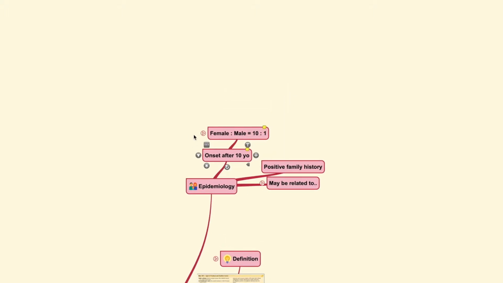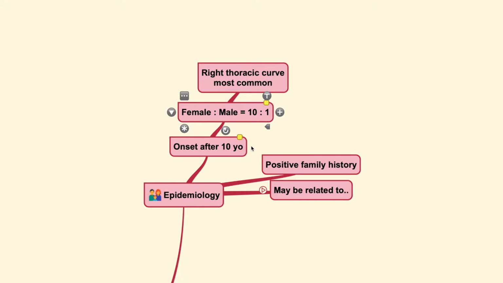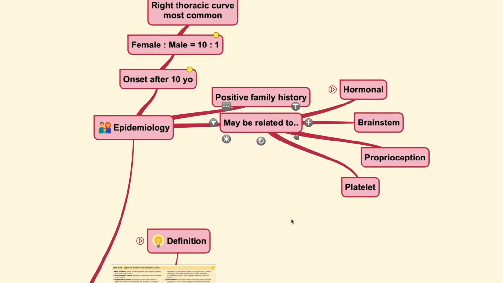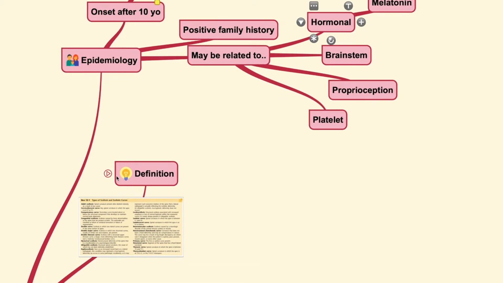Usually, the onset of disease, we call it adolescent because we find it usually after the age of around 10 years old. More commonly found in the female population, with the right thoracic curve being the most common curve. Now, this condition may be related to positive family history and also various factors such as hormonal factors, the level of melatonin, brainstem proprioception, and other platelet problems.